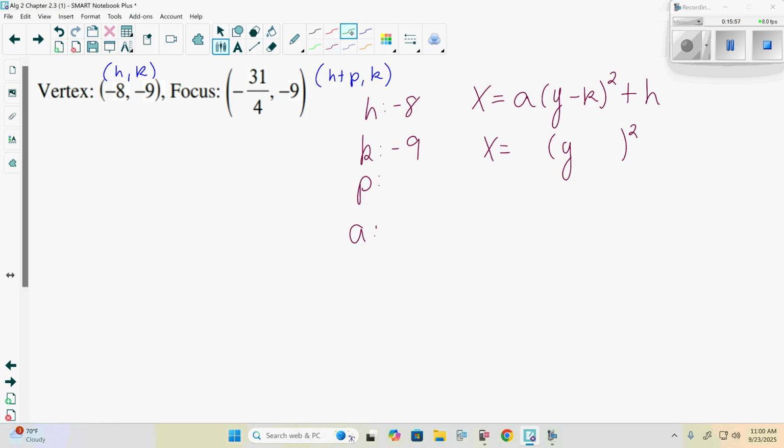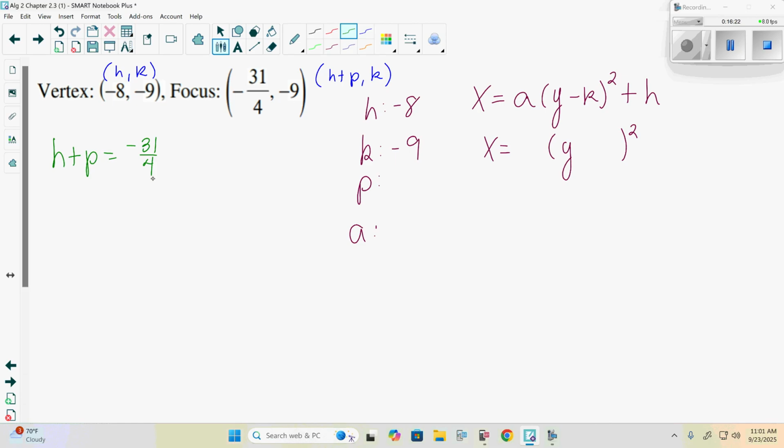And we know that h plus p is -31 over 4. Does it really make a difference what h plus p is? No, it doesn't change what we do. If it's a fraction, if it's a whole number, if it's an integer, we still do the same process, yes?